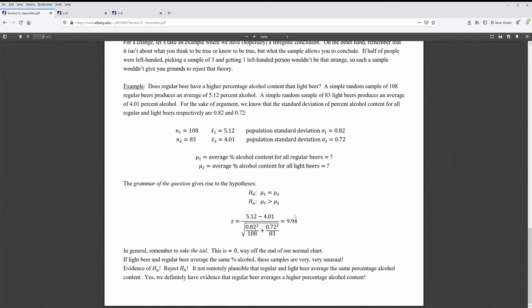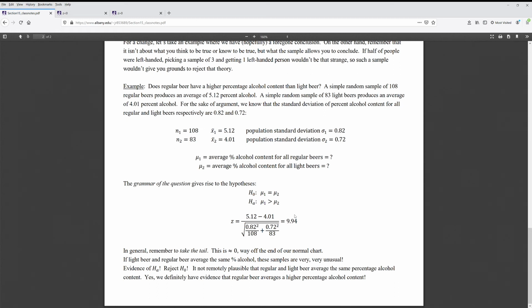A tail associated with a z of negative 9.94 is ridiculously small. It is, in fact, 0.220142 something. So when we say that the p-value is small, it is really small.